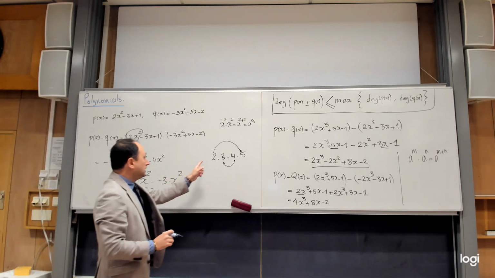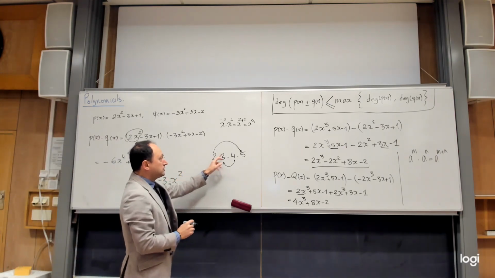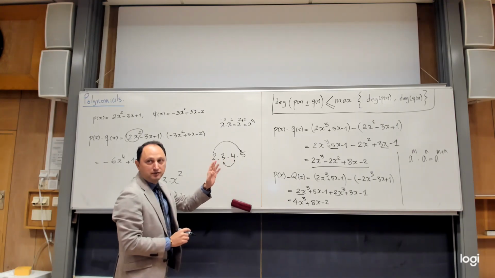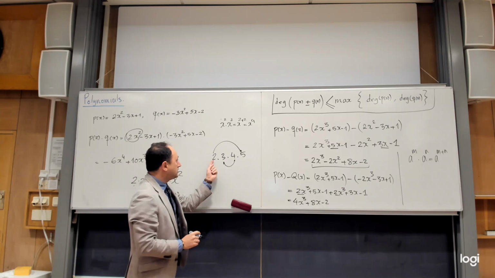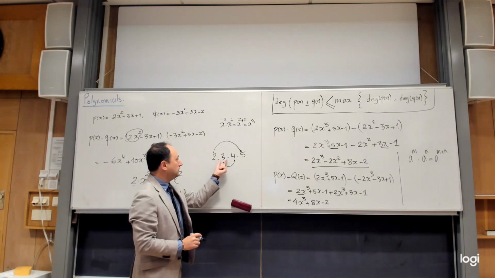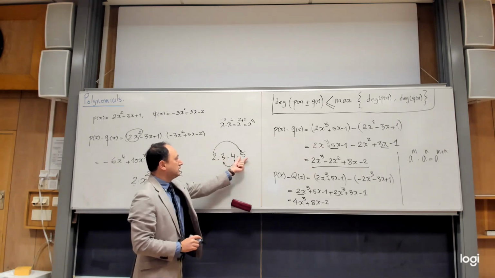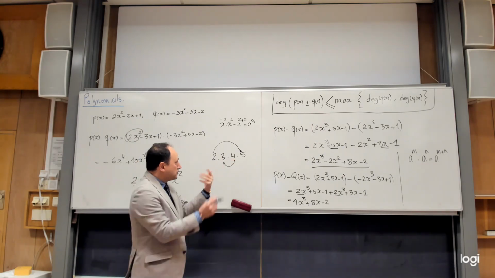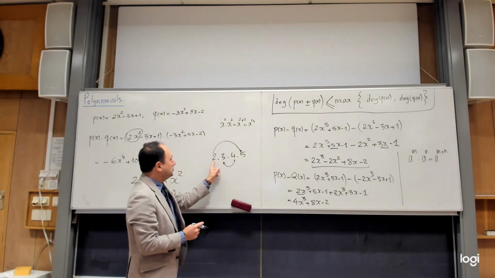By the way, don't get confused. This is not the distribution law. This is called associativity and commutativity. Forget about the names. You have two 2's, and you can choose where to multiply it. That's up to you. If I want to do it, I do it in this way.